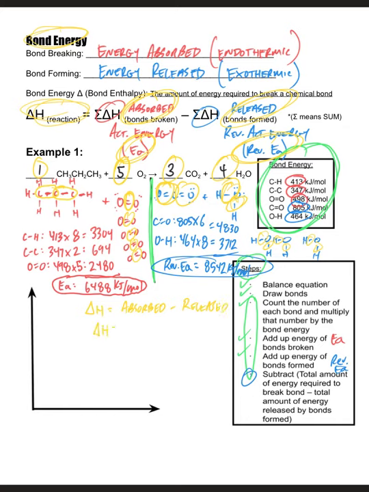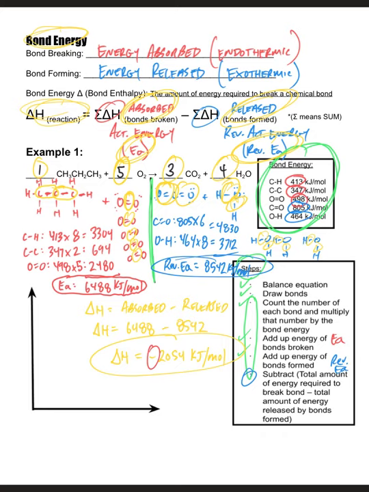So delta H here is going to equal 6,488 minus 8,542. Now I'm going to get delta H to equal negative 2,054 kilojoules per mole. And that is solving for delta H. A really important part of this is that negative sign. If it is negative, leave it negative.